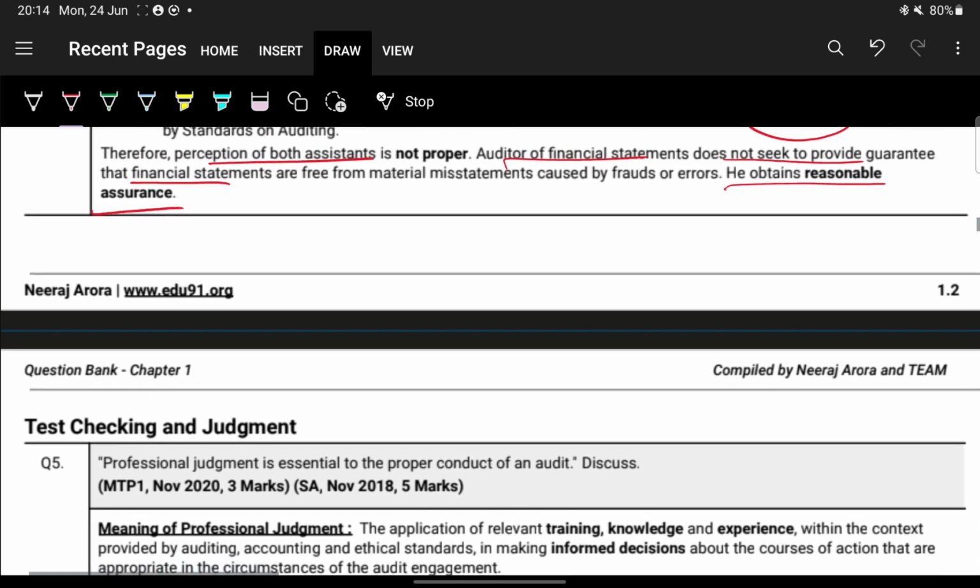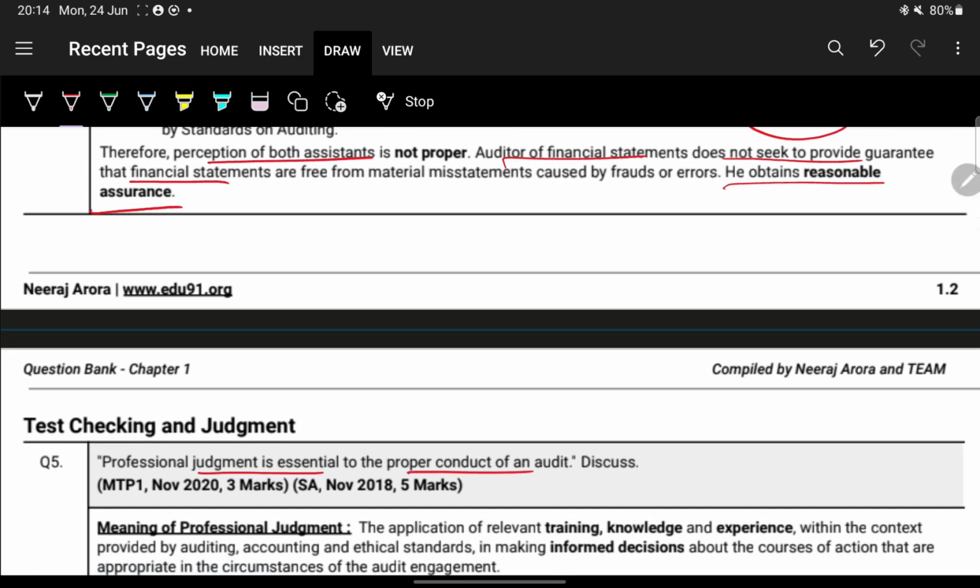Next, professional judgment is essential to the conduct of a proper audit. What does professional judgment mean?